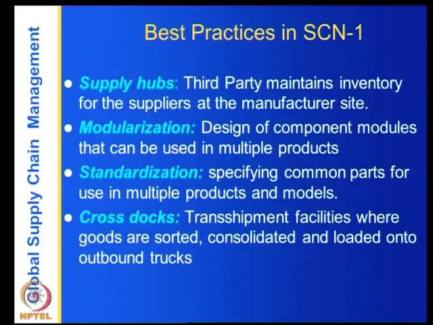Cross-docking is when components are coming from suppliers to the manufacturer, and there are several suppliers supplying from various places in the world. Then they all come together at one place, at one nodal point. It's called a transshipment place, where the goods are sorted, consolidated, and loaded onto the outbound trucks.